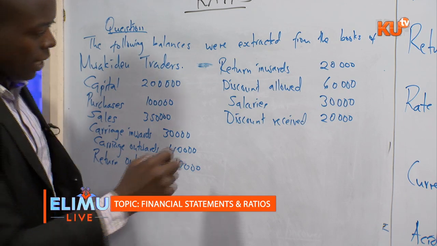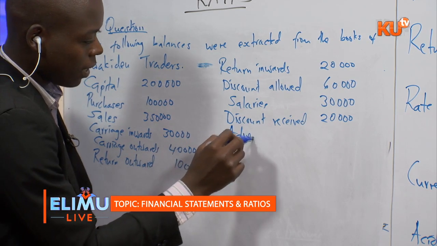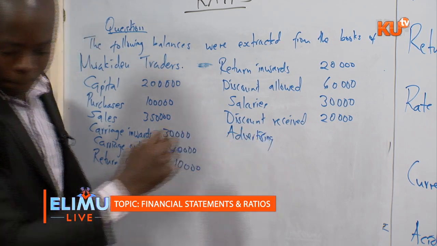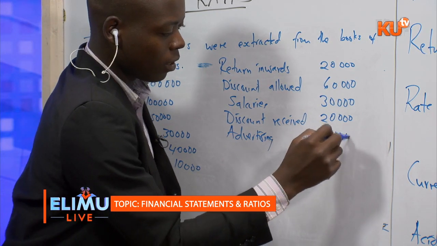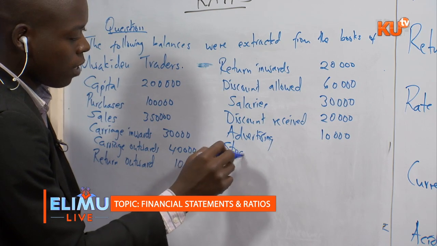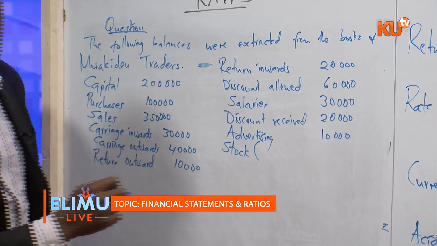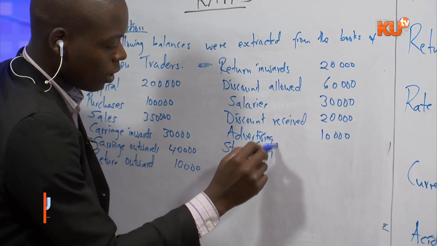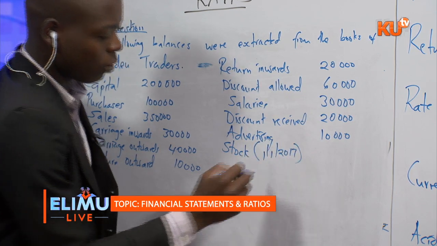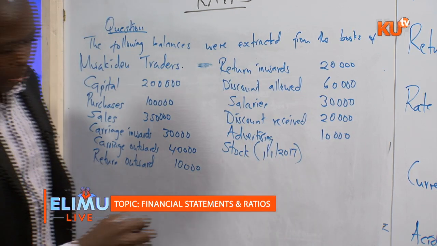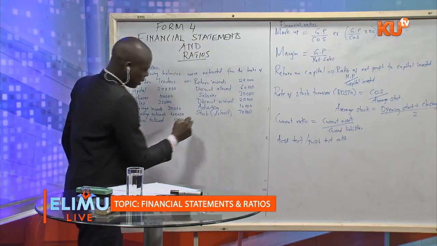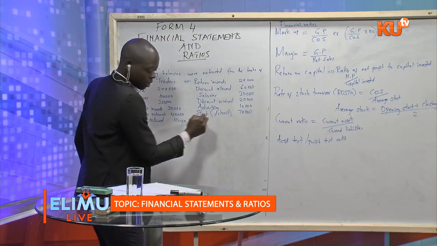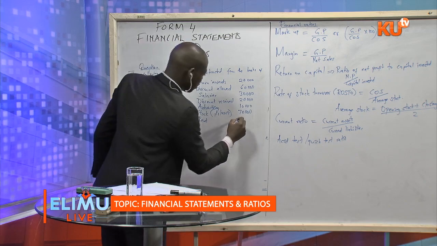We have advertising given as 10,000. We are given stock, and in bracket it is written 1/1/2017, that is on 1st January 2017, that is 70,000. And then we have rent given as 15,000.